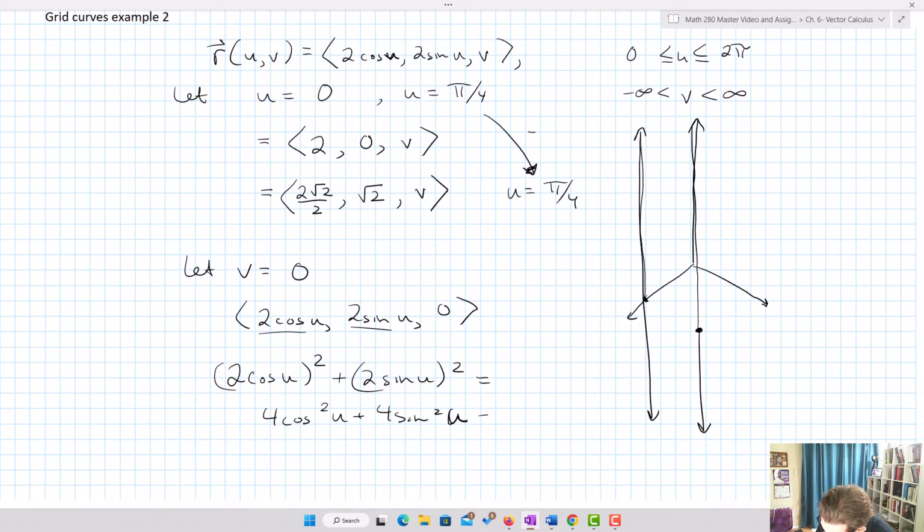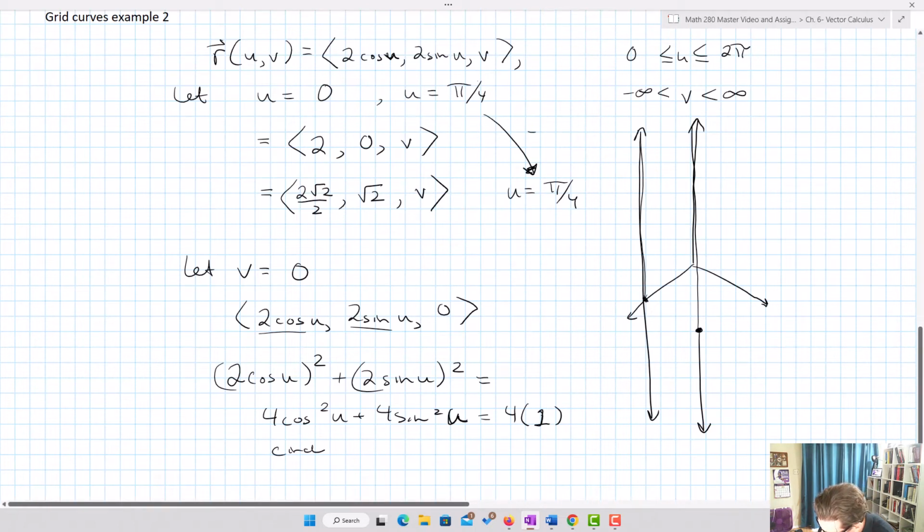So essentially we're going to get 4 times 1. And so basically what we've got here is a circle of radius 2.